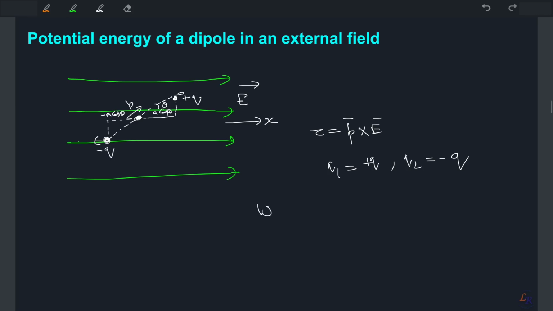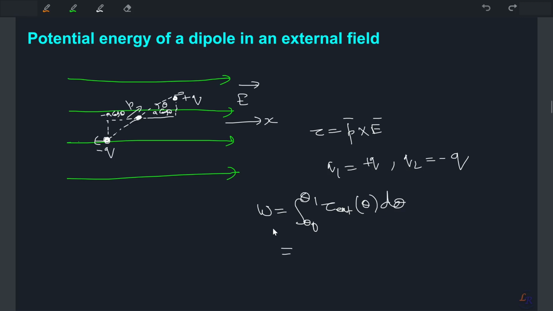So in that case, to calculate that work, you can write, rotating from theta 0 to theta 1 angle, tau external is the external torque applied, and this is d theta. So this is how you can calculate the work done, and that would be the potential energy of the dipole, right?